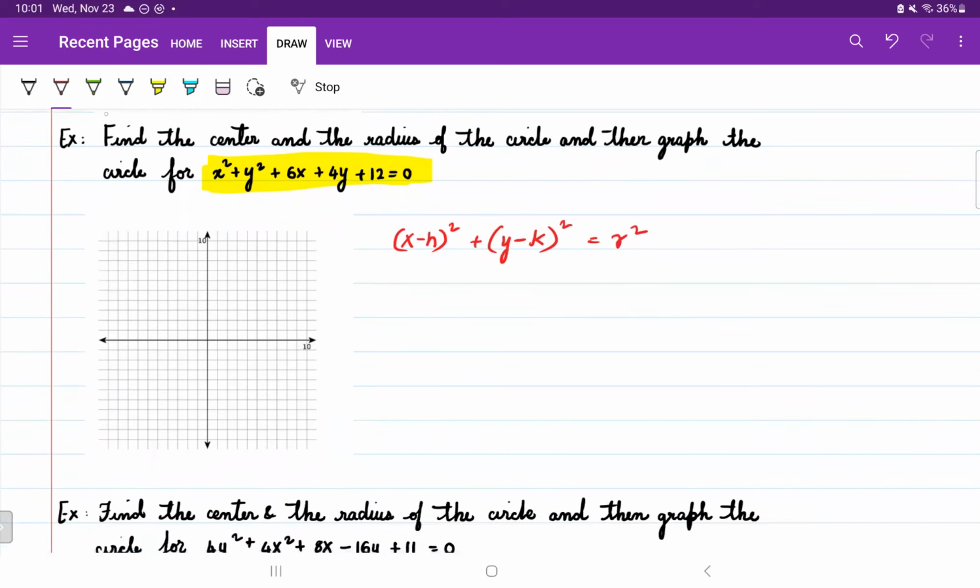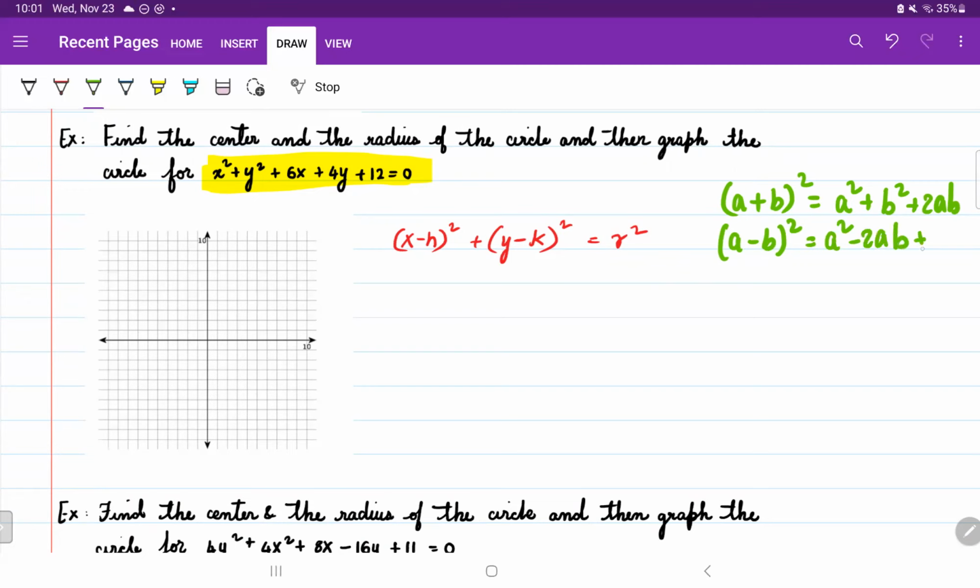When we expand, there is this handy formula for expansion. It's a plus b whole square is a square plus b square plus 2ab, and a minus b whole square is a square minus 2ab plus b square. We will be using this second one because we have the negative sign in between.